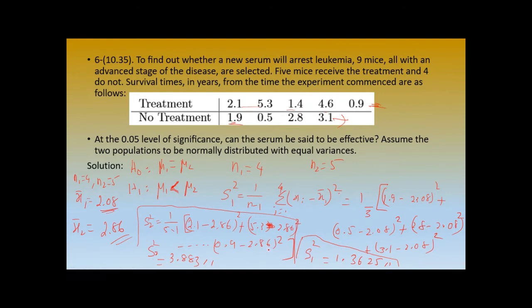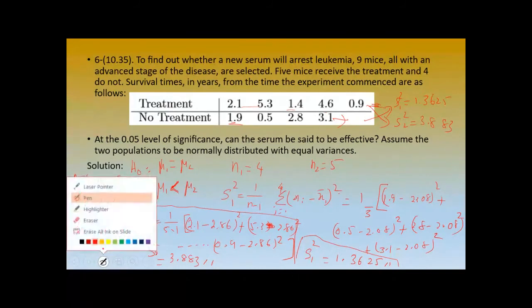This is S2 square, and we got S1 square. Using S2 square, S1 square, and n1, n2, we will find SP. So again, I am going to collect the information and erase the answers. S1 square is 1.3625. S2 square is 3.883, and now we will erase unnecessary parts.